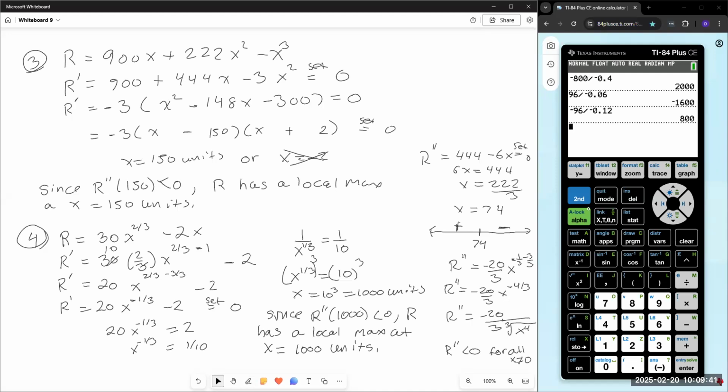All right, that was number 4. Let's move on now to number 5, which is going to be finding minimum average cost. Just maximize revenue. Let's minimize average cost now.